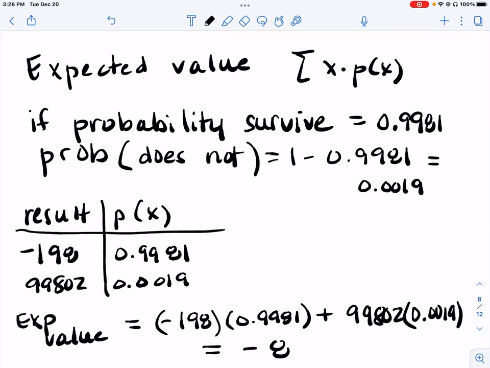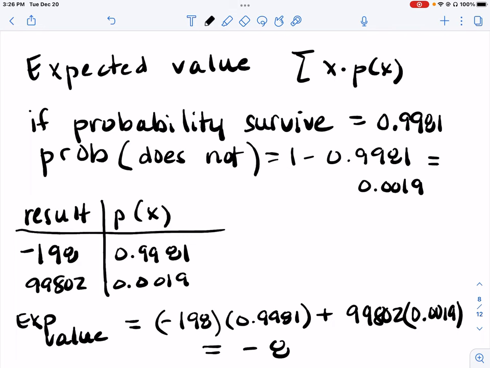The expected value, you multiply x, which is a result, times its probability. Okay, if the problem says the probability of survival is 0.9981, the probability the person does not survive is the opposite, which is 1 minus that, 0.0019. Okay, so then we make a table.